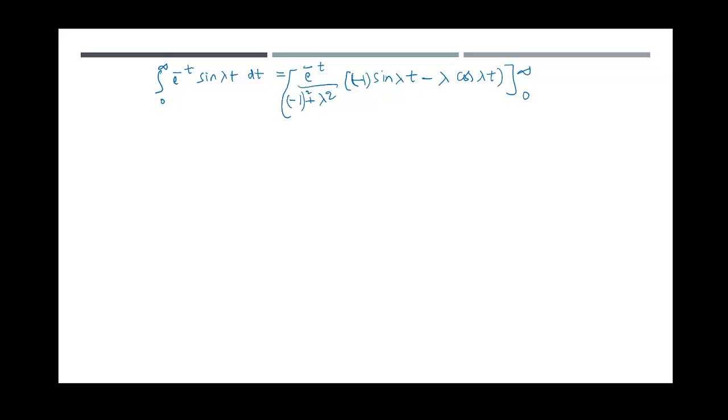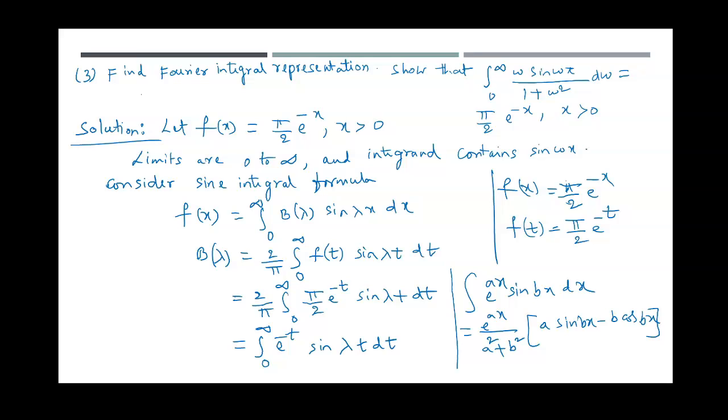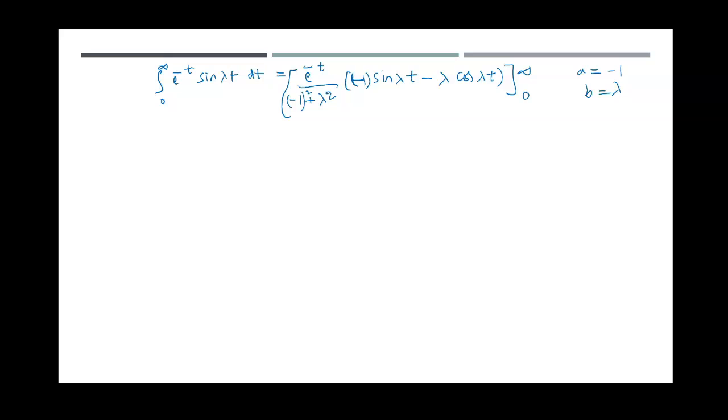So here a equal to minus 1 and b equal to lambda. If you put these in this formula, then we get e power minus t upon 1 plus lambda square, into minus sin lambda t minus lambda cos lambda t, under the limits 0 to infinity.